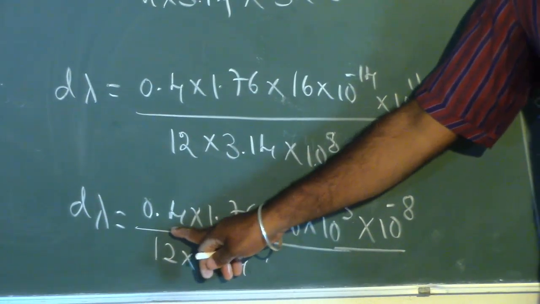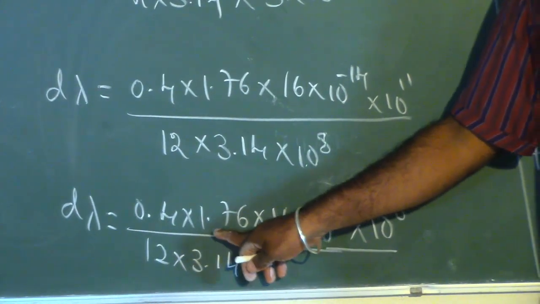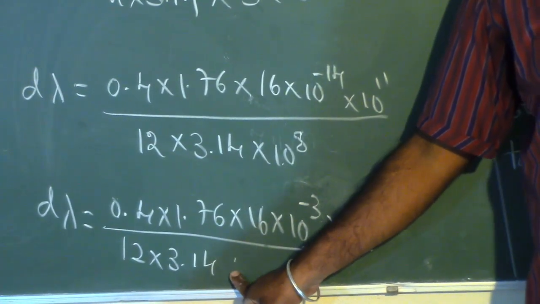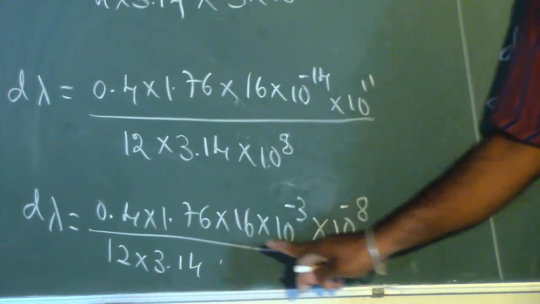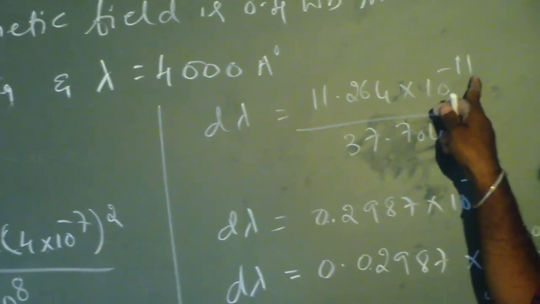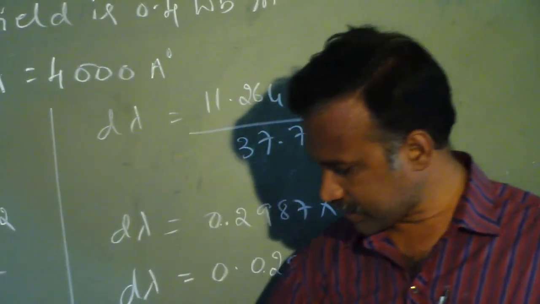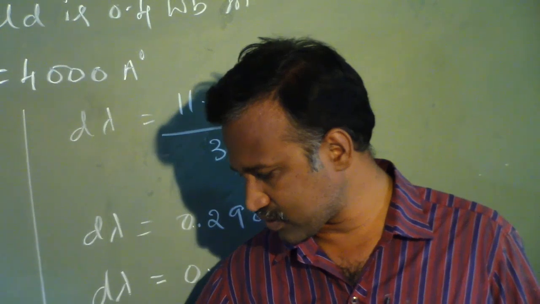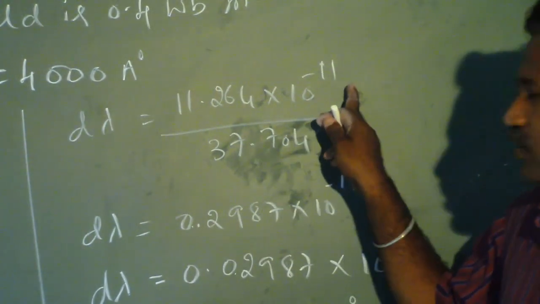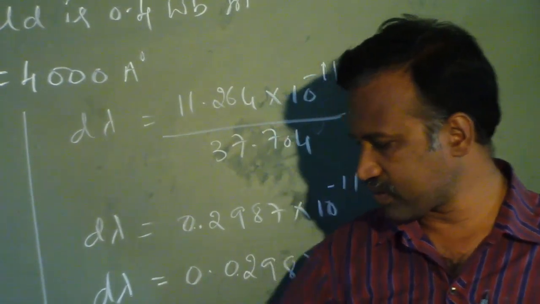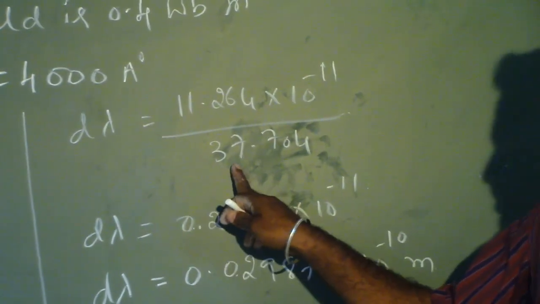So the numerator value turns out to be 11.264 into 10 to the power of minus 11, because 10 to the power of minus 8 and 10 to the power of minus 3 give 10 to the power of minus 11. Simplifying the denominator, 12 into 3.14, we get 37.07.